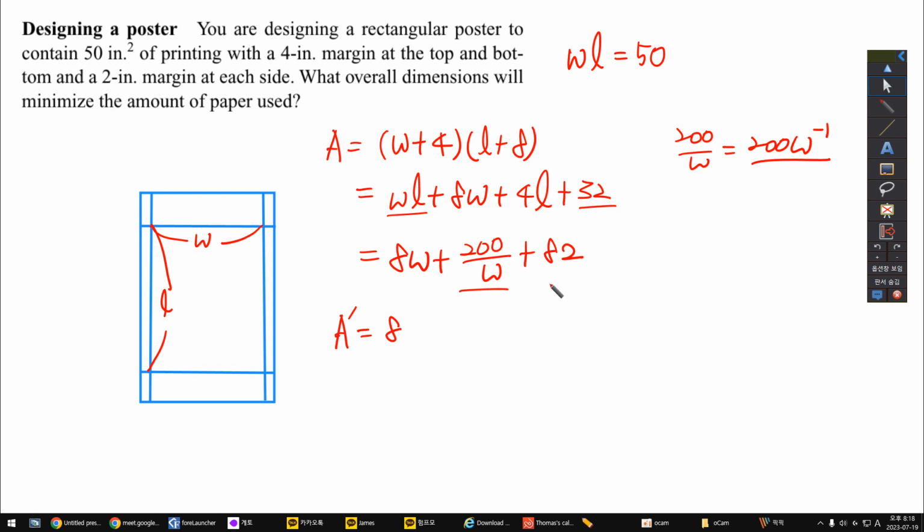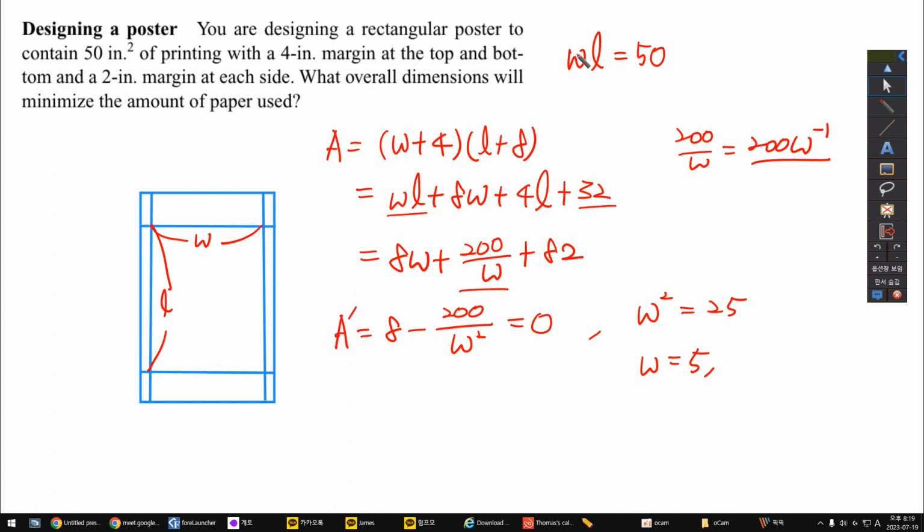So minus 1 comes out, and then the exponent is minus 2. And this derivative should be 0. That means W squared is 25. The width is 5.